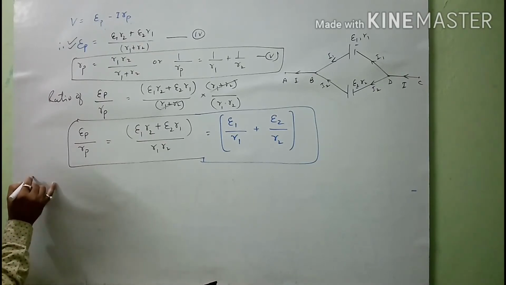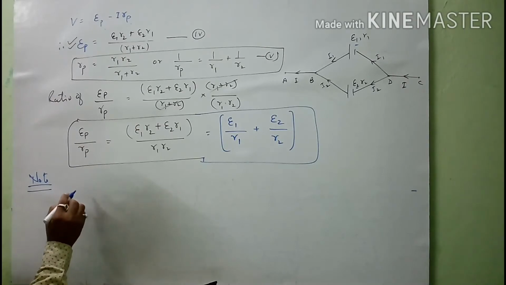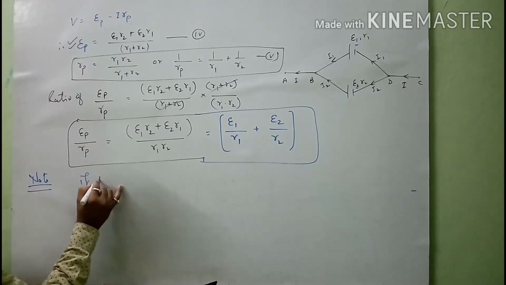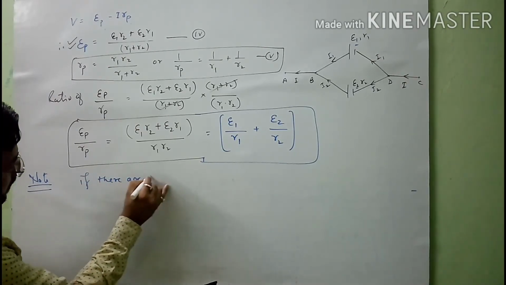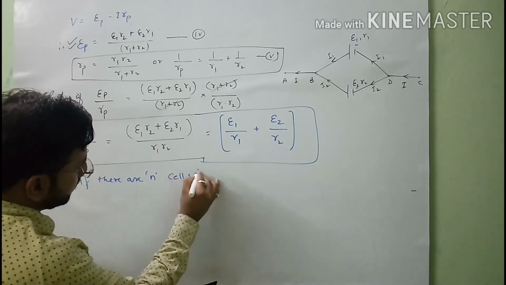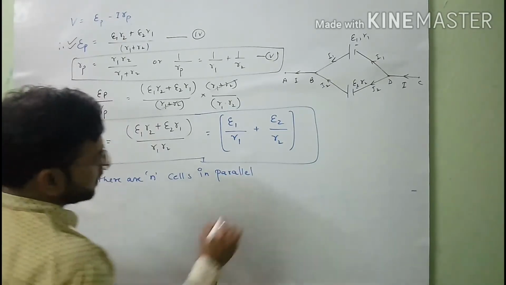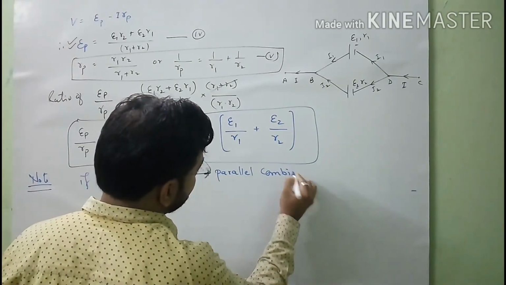And here student, one thing you can note down: suppose I imagine there are n cells in parallel combination, that time what will happen?